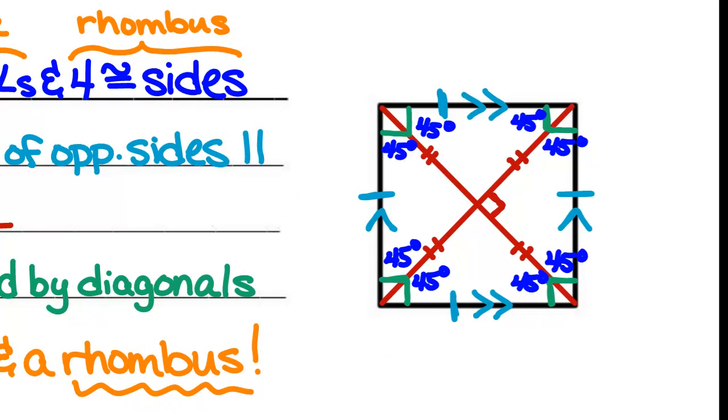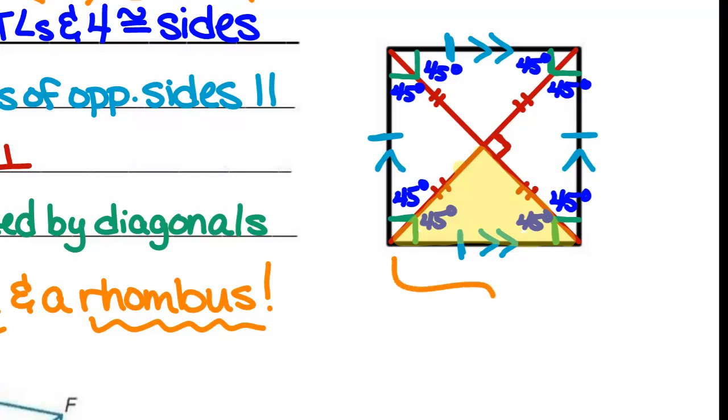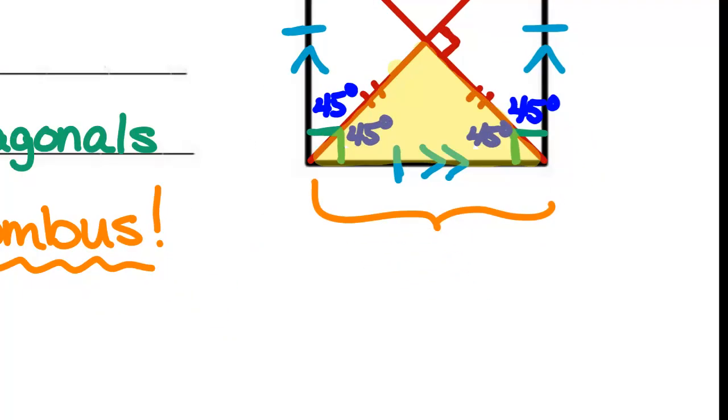I want you guys to look at 1/4 of the square right here. I've just highlighted it in yellow. What kind of a triangle is that? Yes, it's isosceles. What else?